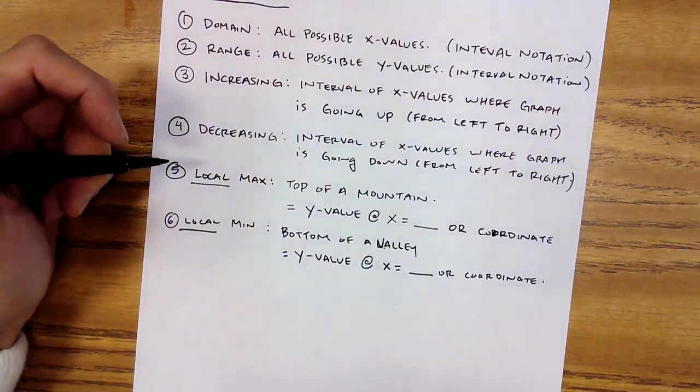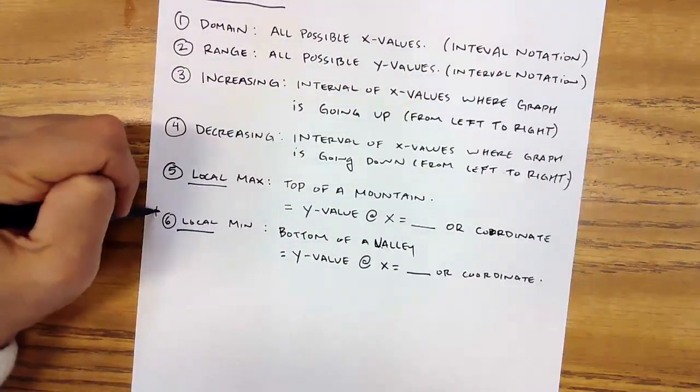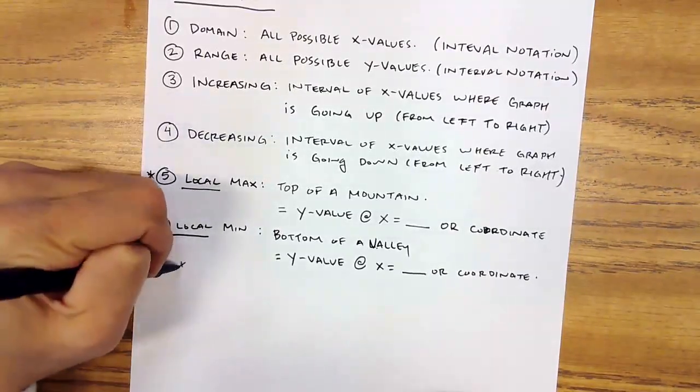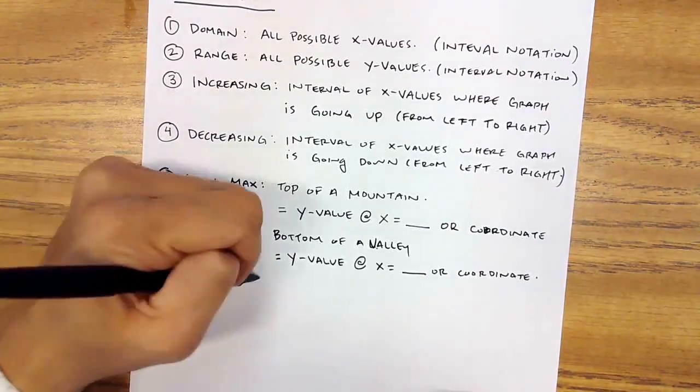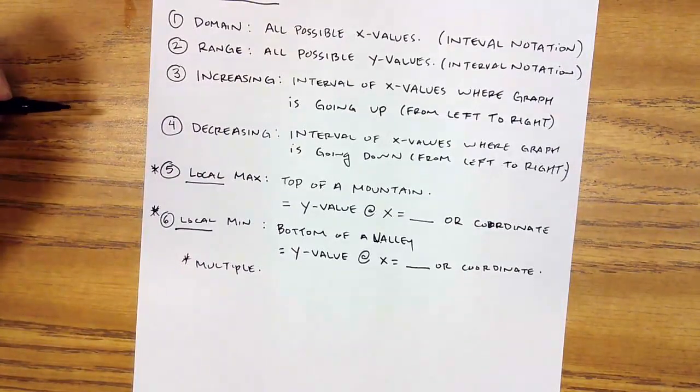Okay. And with 5 and 6, we can have multiple. Okay. We could have multiple. We don't need multiple, but we could have it.